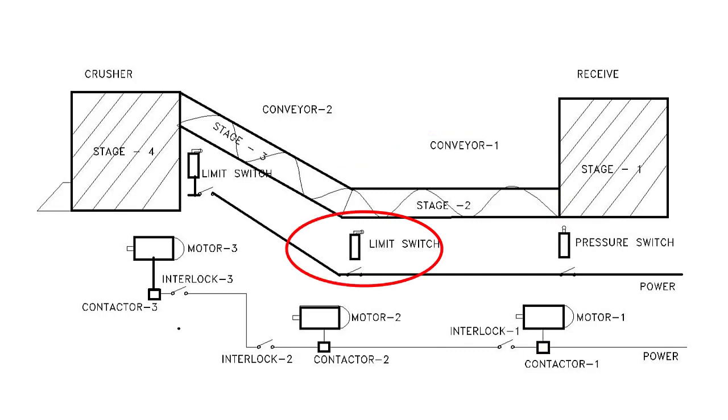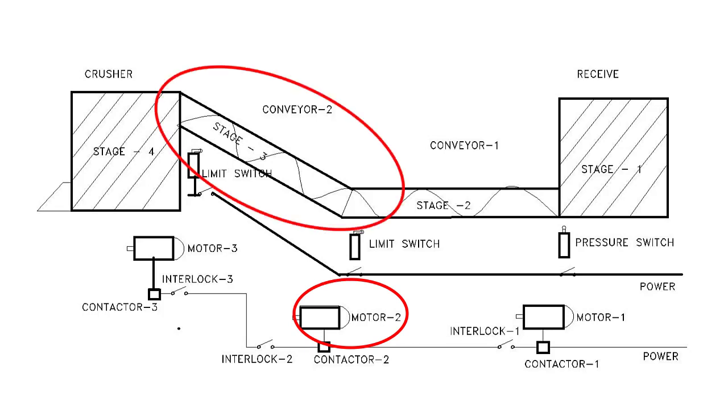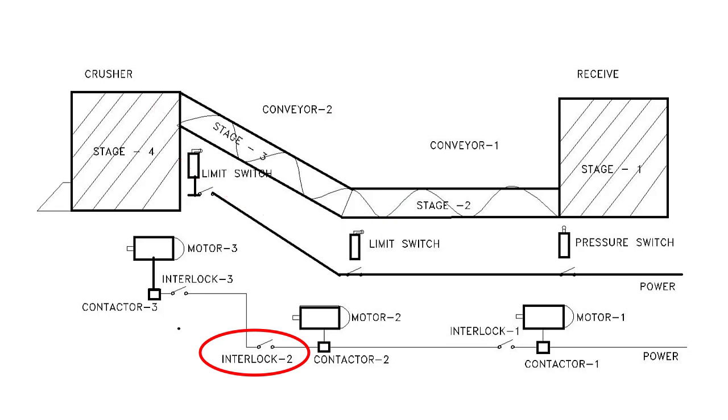Rocks move through conveyor 1 and when it reaches conveyor 2, the limit switch 1 closes and sends power to energize K2. When K2 closes, the latch associated with it also closes to hold the contactor continuously. K2 sent power to motor 2 to start conveyor 2 and power passes through interlock 2 and reaches limit switch 2.